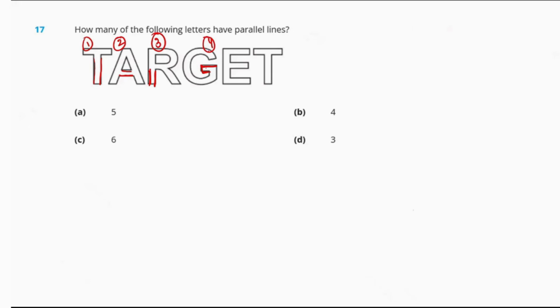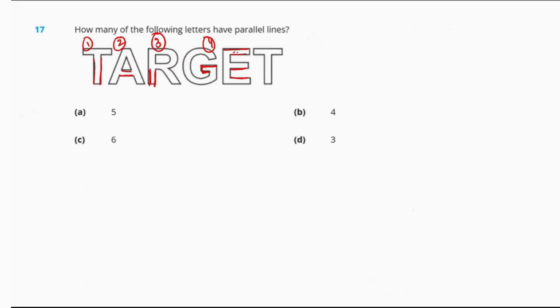Up till now, we have 4 letters that have parallel lines. Now we need to check one more letter. In this E, we can clearly see that the lines are parallel. How? See, this is parallel to this line. Also, this line is parallel to this line, right?